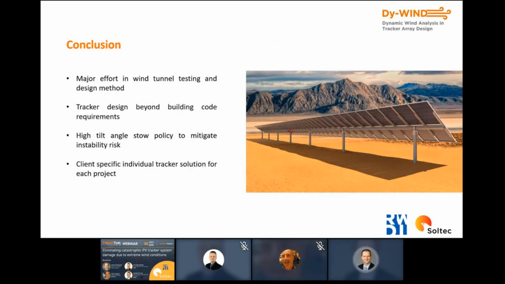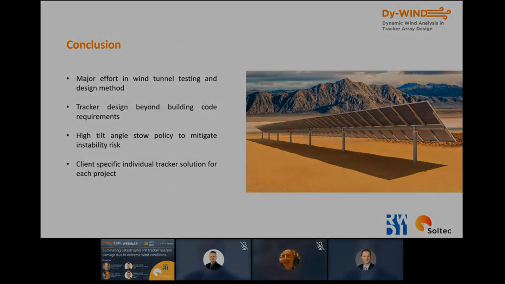Based on the results we get from those methods, the trackers use a high tilt stow angle position to mitigate the risk of instability. The flexibility of the Darwin method allows Soltech to provide a specific tracker design for each client and each project. Thank you for your attention.